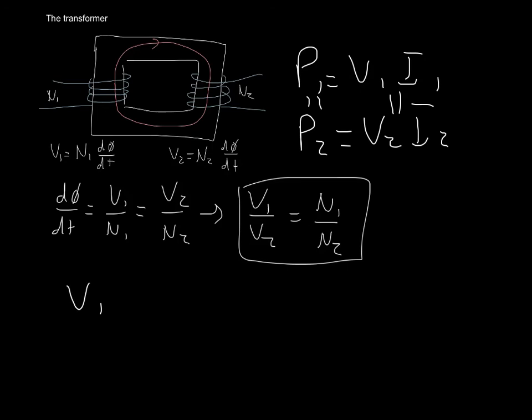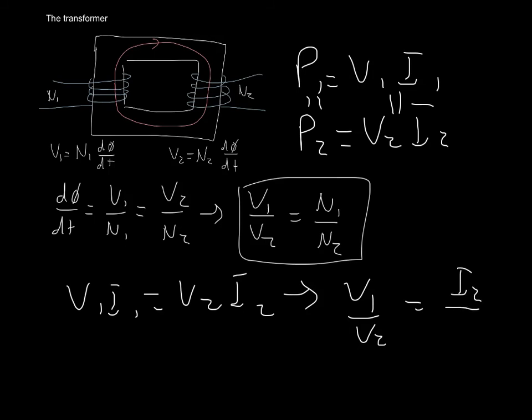We have V1 I1 equals V2 I2, which means that V1 over V2 has to equal I2 over I1. Be careful, this is the opposite relationship. And then this means, using this thing over here, that I2 over I1 will be equal to N1 over N2.